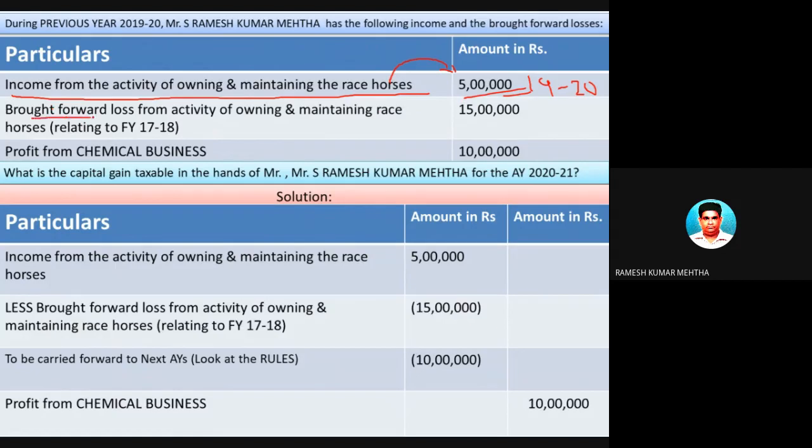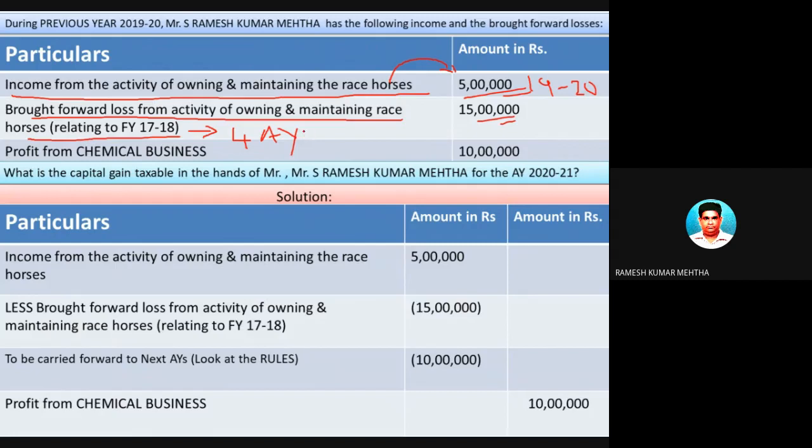Number two, brought forward losses from the activity of owning and maintaining of horse races during the relevant financial year 2018-19 was 15 lakh rupees. According to the rule, this can be carried forward for 4 assessment years.